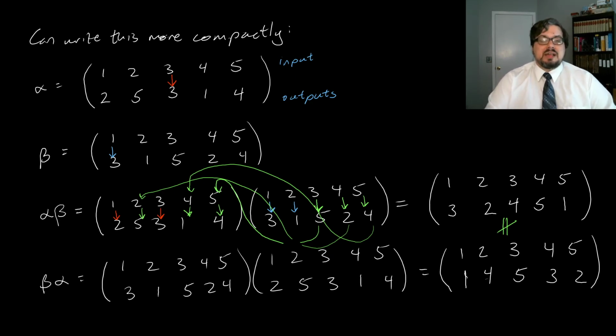So let's look at a smaller example than S5. Let's look at S3. So S3, which is permutations of the set 1, 2, 3. And let me go ahead and write them down.